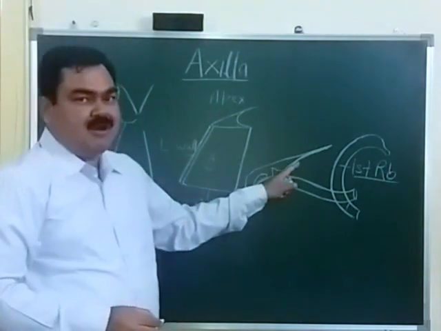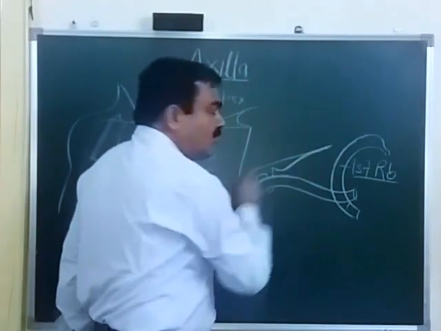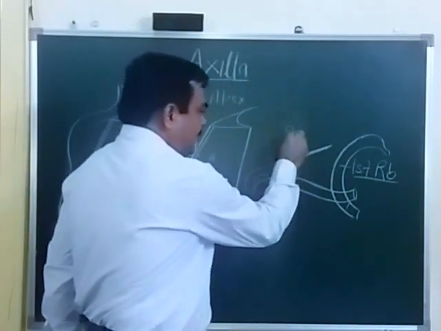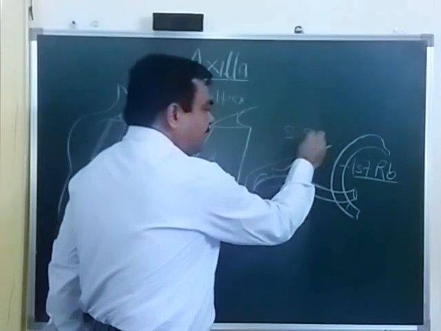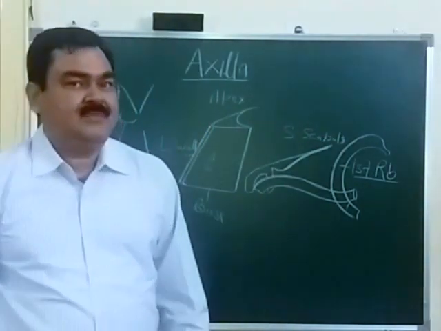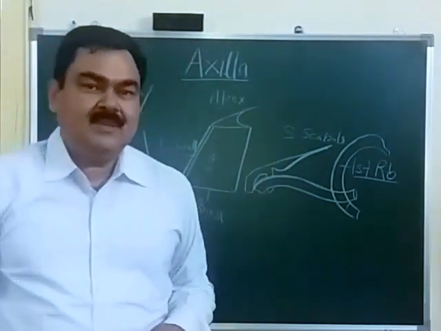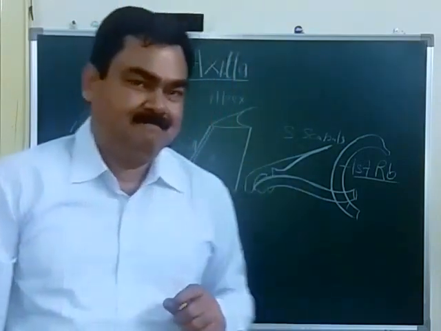And posterior boundary is formed by superior border of scapula. So these three structures form the boundary of apex.